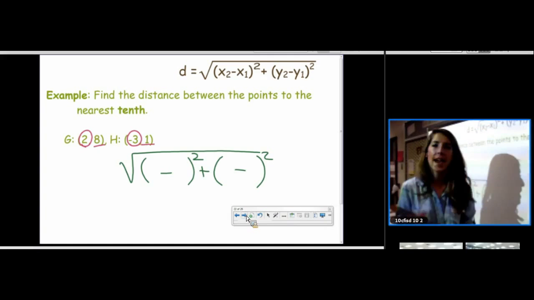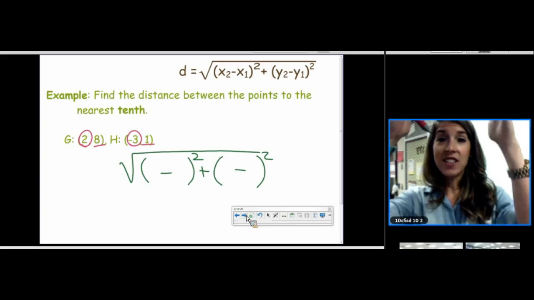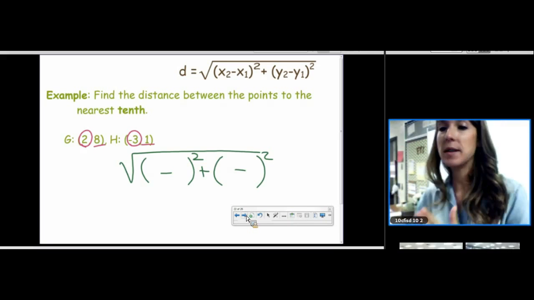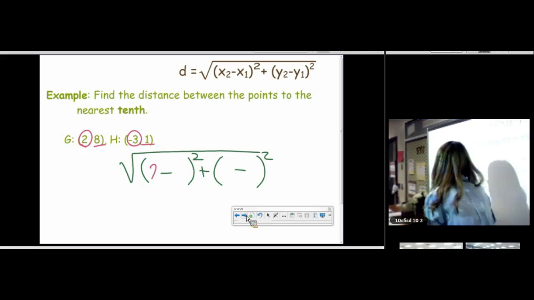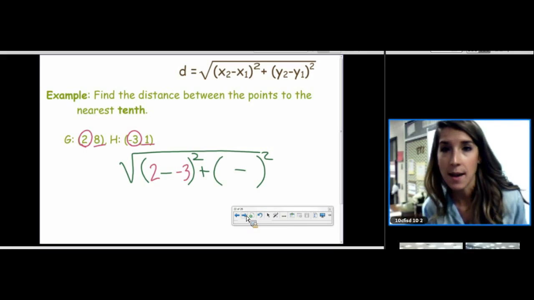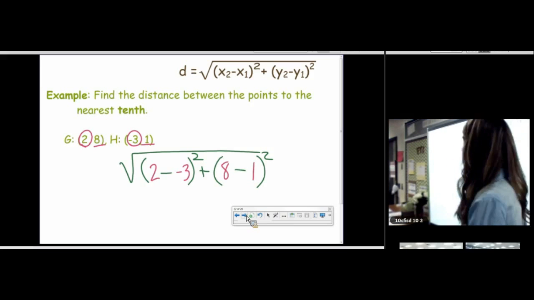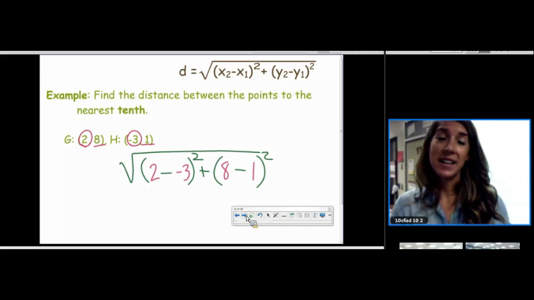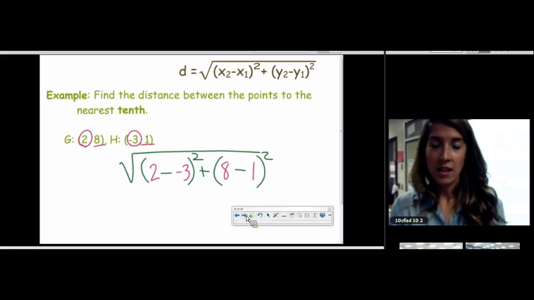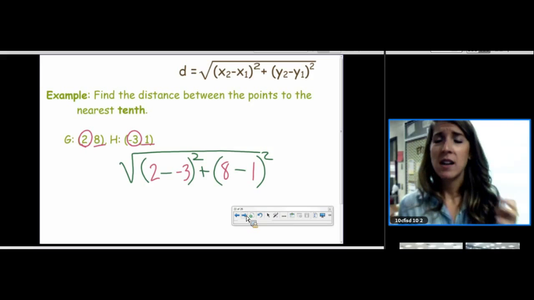Then I just take the 2 circled ones and throw them into parentheses. Circled 1, circled 1. Then I take my 2 underlined ones in the same order and I throw them into parentheses. And then I've set up my distance formula correctly. So that's just my tip, that way you're not getting confused by the minuses and the order and the subscripts. That's what I do.